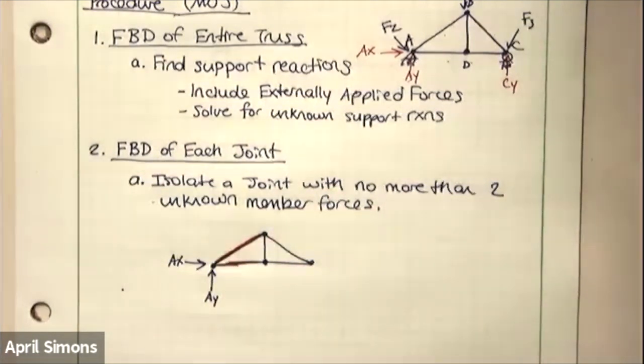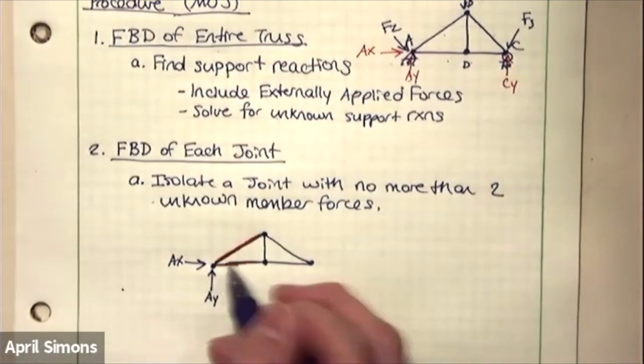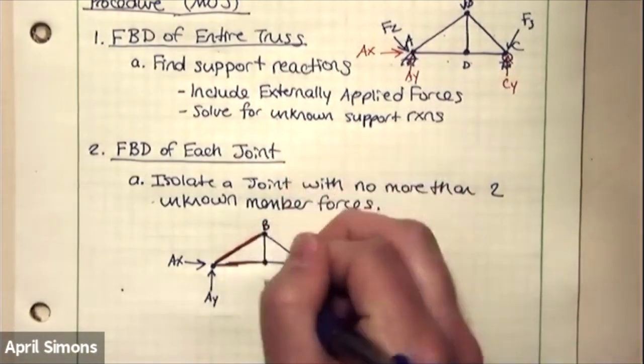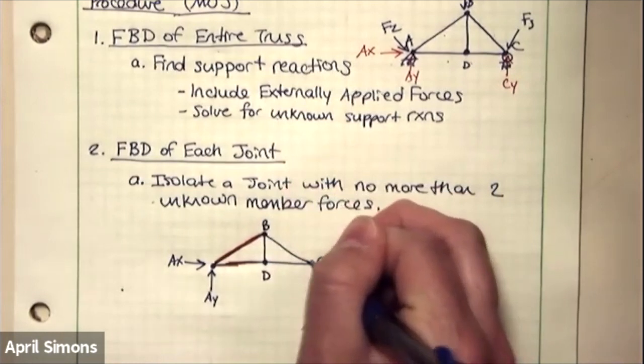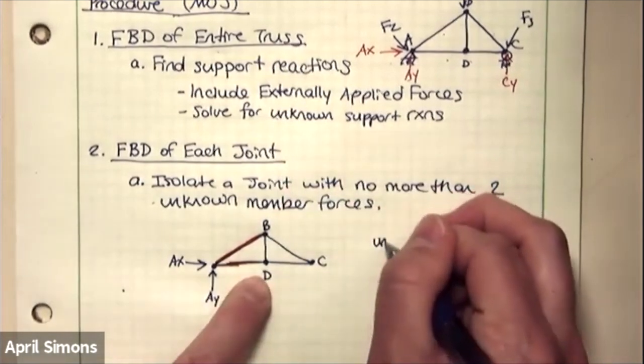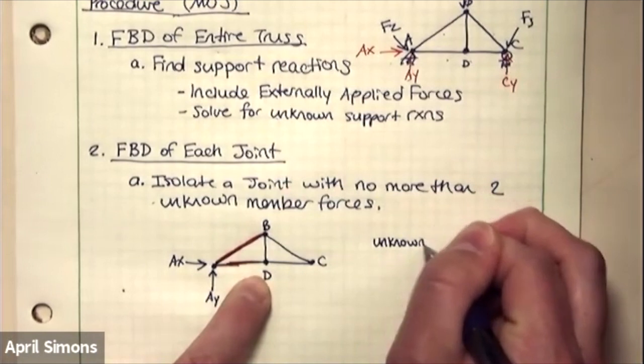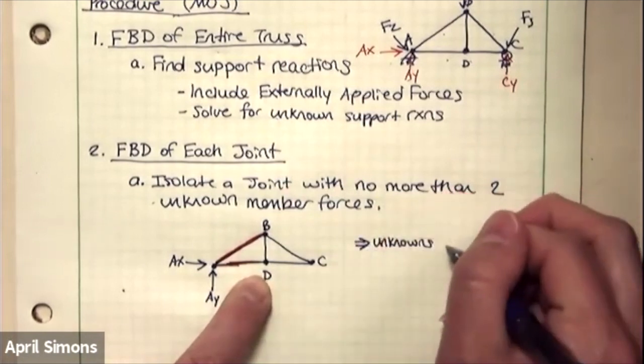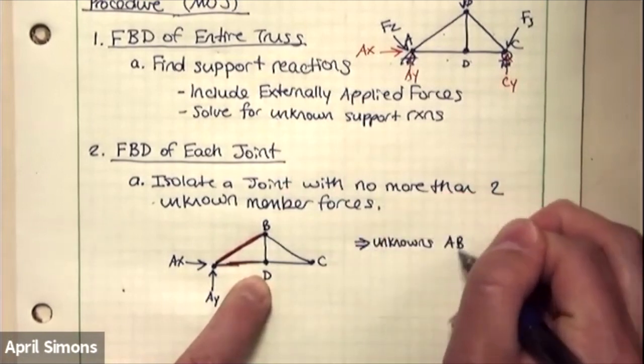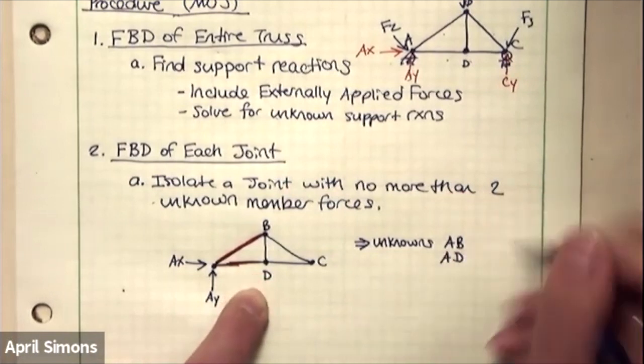So this would be 2 unknown member forces. We could start by isolating joint A. If we isolate joint A here, this is still B, this is still D, then our unknowns are AB and AD.